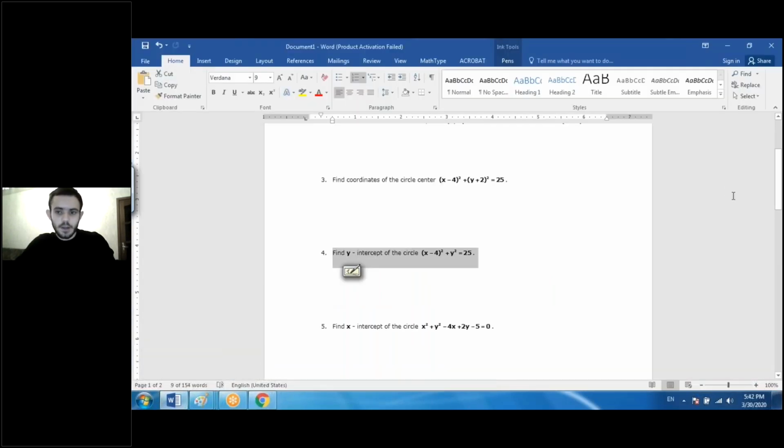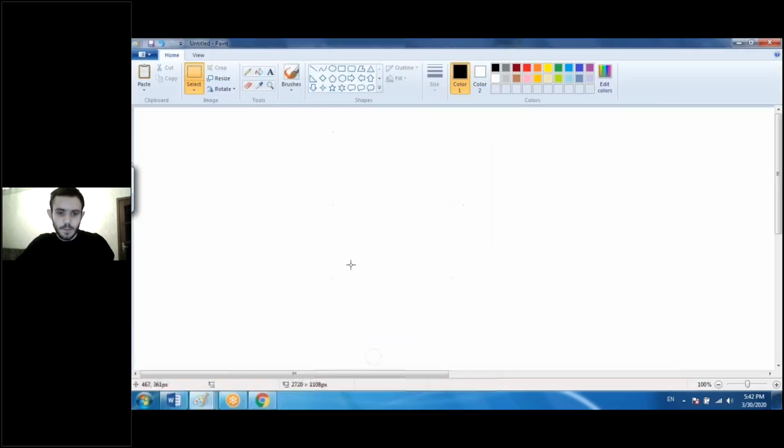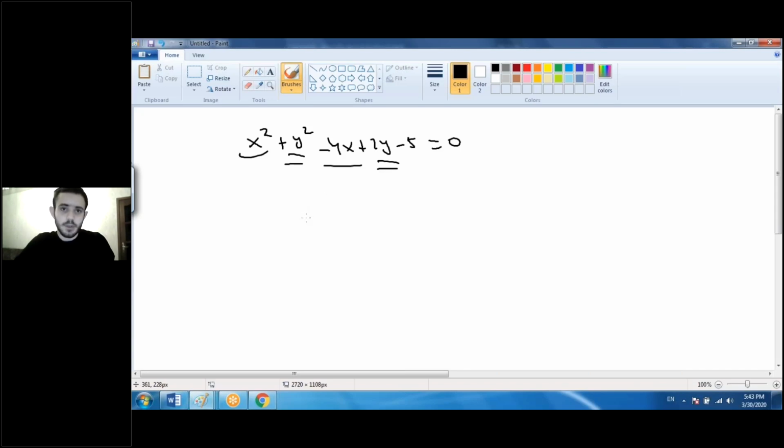So let's continue. The next one is find x-intercept of the circle. x squared plus y squared minus 4x plus 2y minus 5 equals 0. We need to keep in mind that this circle is given in improper form. So we will group x's and y's and use the formulas of completing the square.